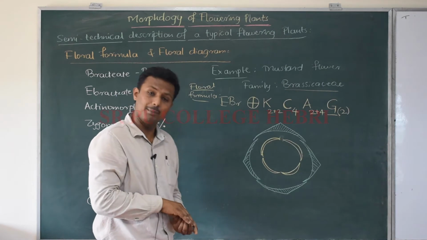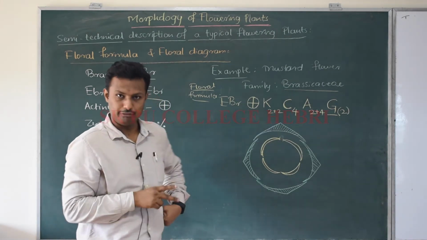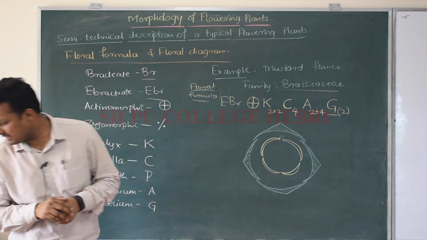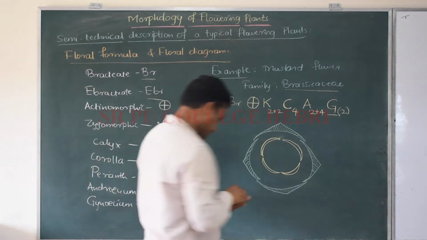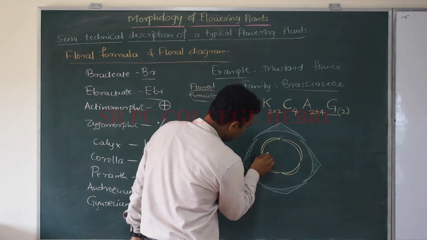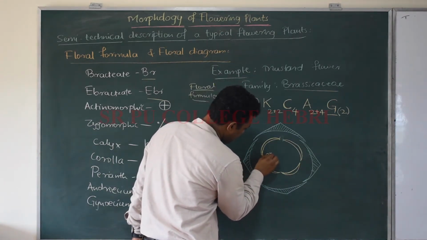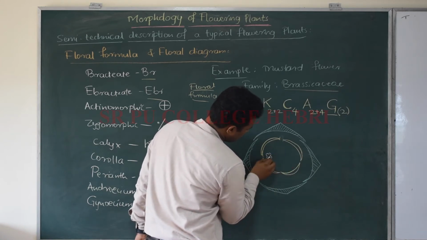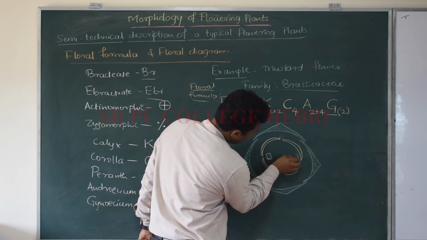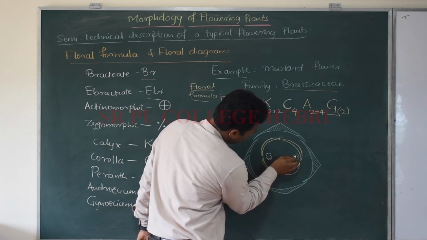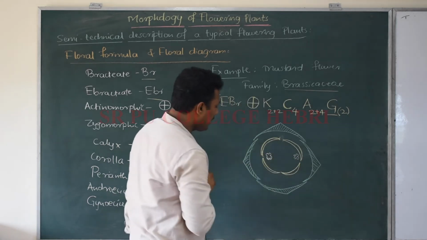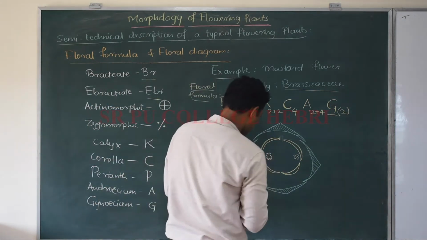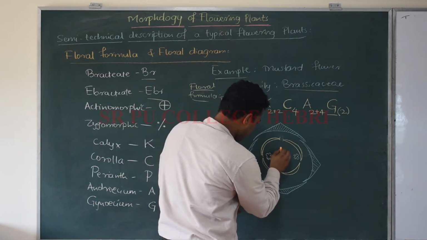Then androecium, how many are there? 2 plus 4. 2 are smaller and 4 are bigger. And how to represent it? We have to represent it like this. The 2 smaller ones, see, the androecium is written by this symbol. Okay, I hope you can see. 2 are there, and plus 4 which are bigger, they are surrounding the gynoecium. See, the gynoecium will be exactly at the center.